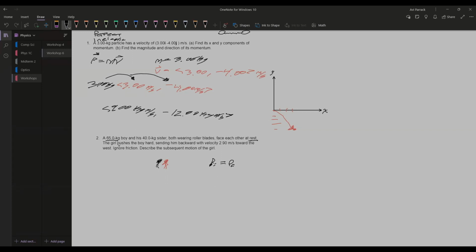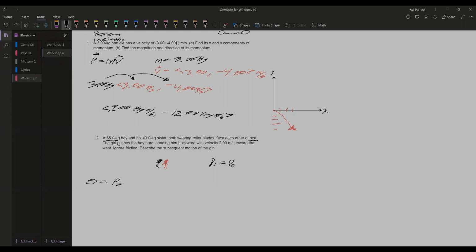So his velocity, relative to maybe the skate rink or something like that, is also 0. So his momentum is 0. So what is the initial momentum before the push occurs? Initially, there's no momentum whatsoever. So we have that 0 is going to be equal to P_f.